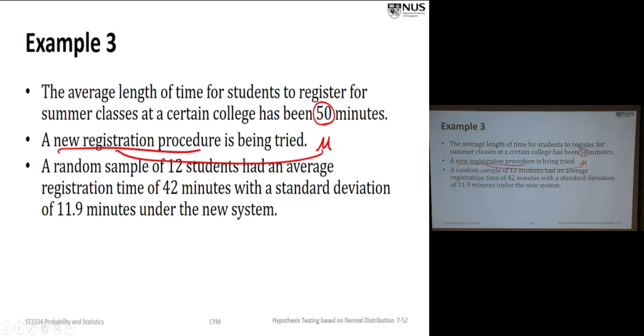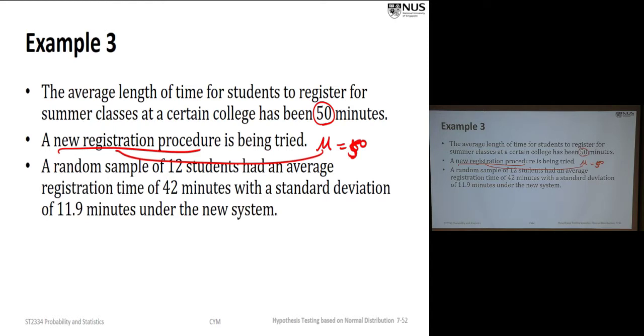For this, mu is for the new procedures, the average time for registration for this new procedure. This 50 is the existing one, the old one. So I want to establish that mu is better. Better here is not longer, it's smaller.